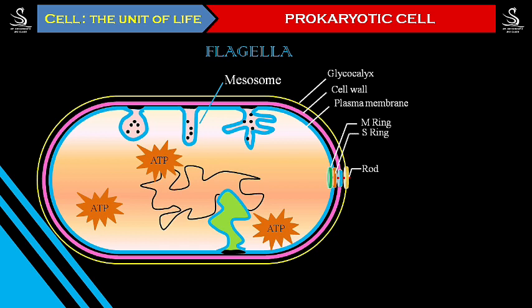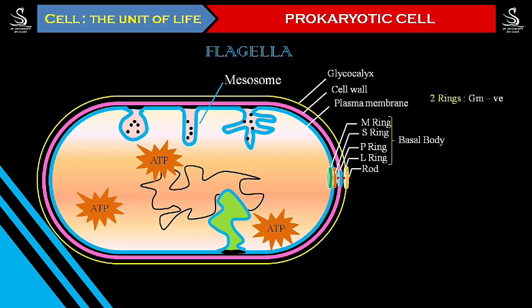Both these rings are present on either side of the plasma membrane, and one more ring, called the P ring, is present in the cell wall, and there is one more L ring present in the glycocalyx layer. All these four rings together we call the basal body.